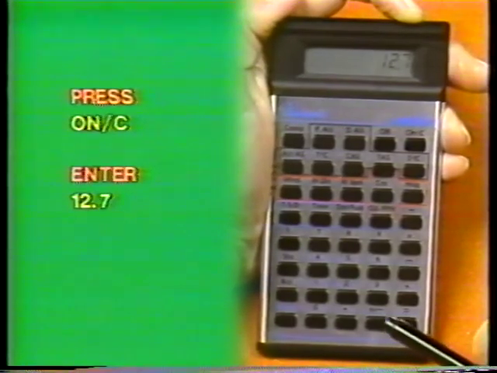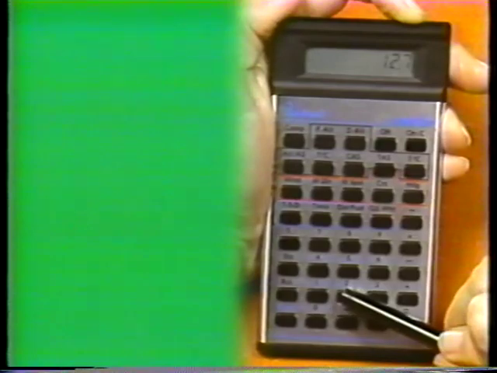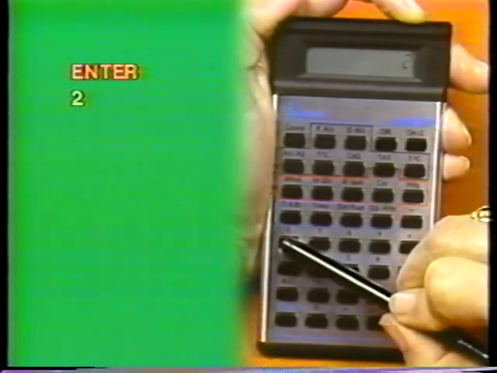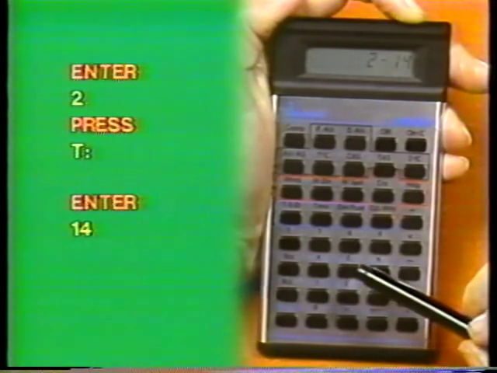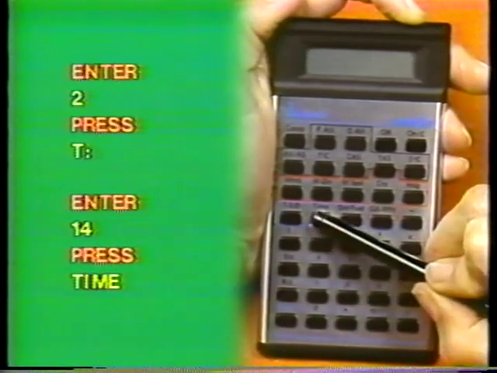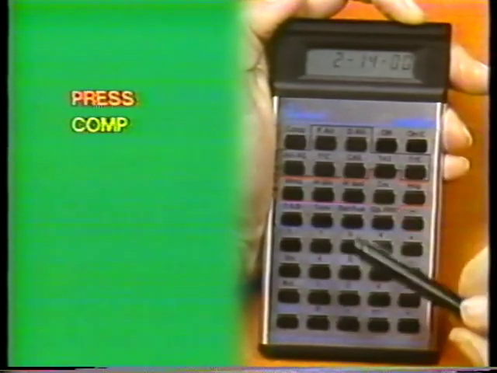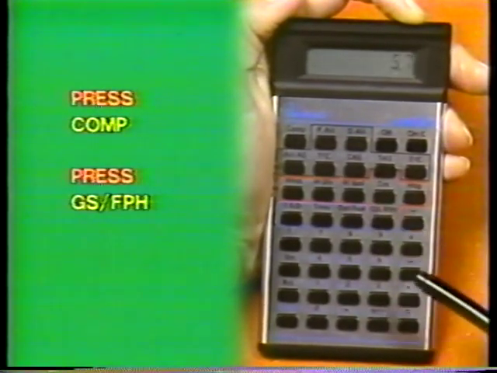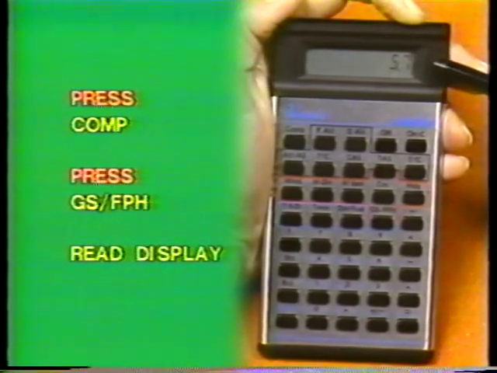Let the computer know these figures represent total fuel consumed. Enter 2 hours. Press the time colon key. Enter 14 minutes. Tell the Avstar 2 hours and 14 minutes is the time of flight. Press the compute key, then the fuel per hour key. Your display should read 5.7 gallons per hour fuel consumption.